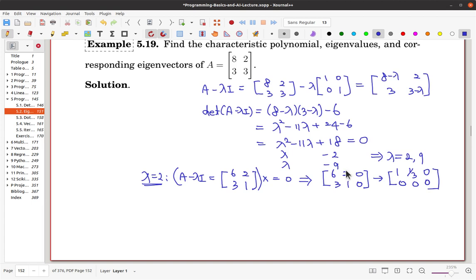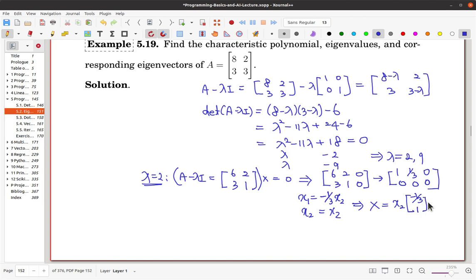So x2 is a free variable, and x1 equals minus 1/3 of x2, and x2 is x2. So from here, x can be obtained as x2 times the direction minus 1/3 and 1.